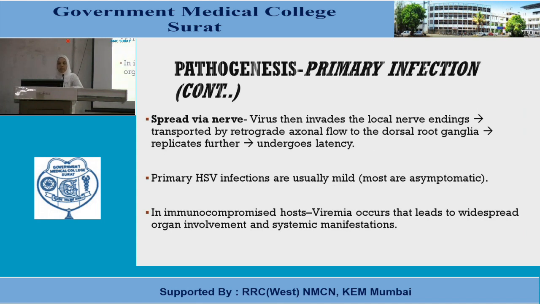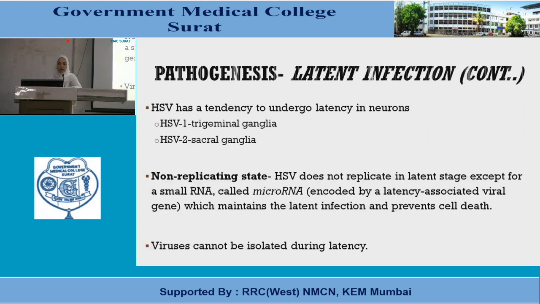But if the person is immunocompromised, viremia occurs, leading to widespread organ involvement, and at times there may be systemic manifestations. But the majority of the time you will see milder infections, which are more common. They have a tendency to hide in neurons, in the trigeminal ganglia. HSV-1 and HSV-2 stay in the sacral ganglia, which we have talked about.